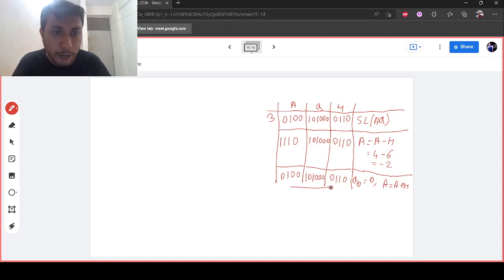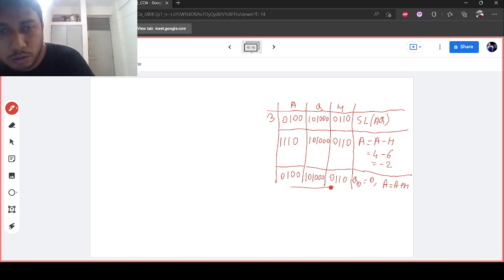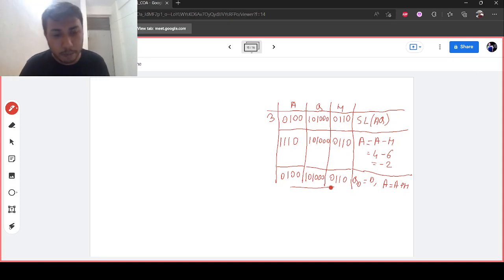So this is the final answer, the value of A and Q after step 3. So the correct answer is option B.